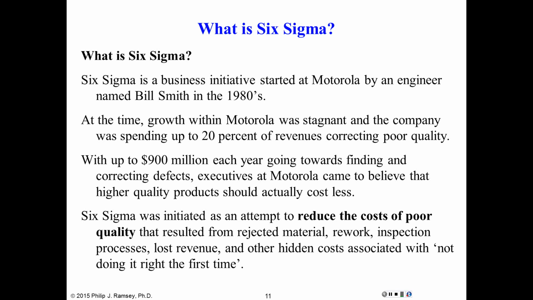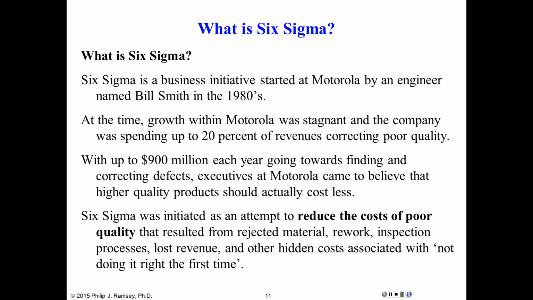And what Bill Smith didn't know, Six Sigma was about to catch on big time with other corporations, Allied Signal being one of the first to embrace it in a big way. And some of the people that had worked with Bill Smith left Motorola, became consultants, and the early people that became consultants became millionaires.